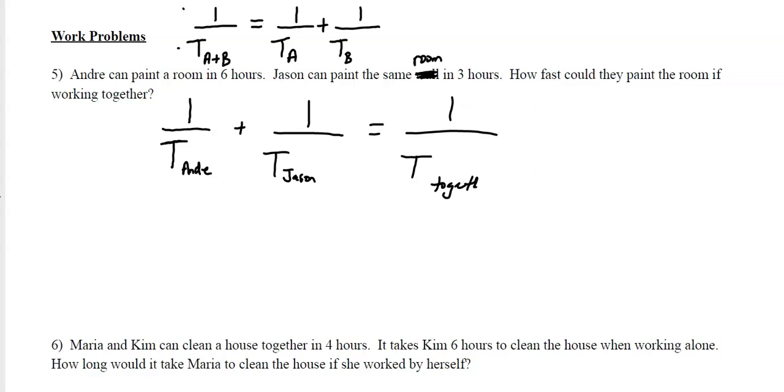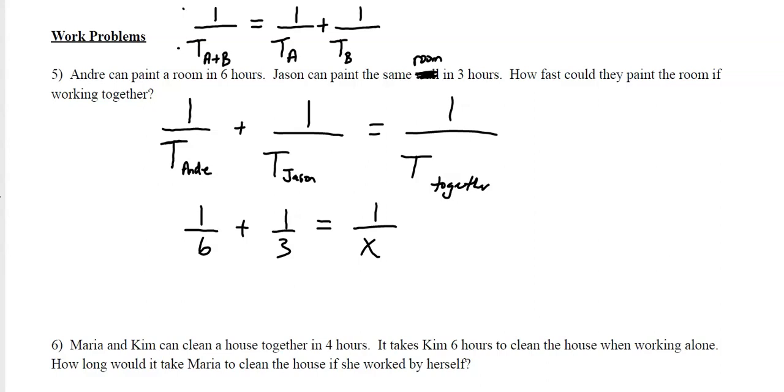I'm just going to put together, or you could put Andre plus Jason, whatever you want. Well, let's fill in some numbers. So we have 1 over 6 hours for Andre plus 1 over 3 hours for Jason is going to be 1 over the total hours for together.